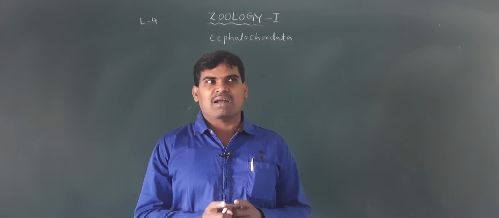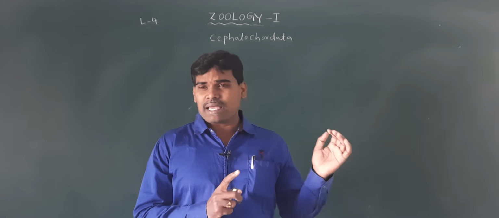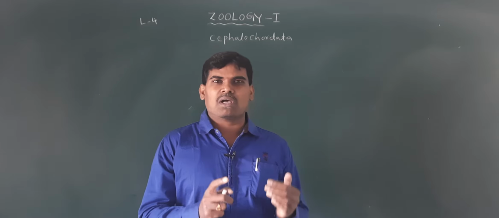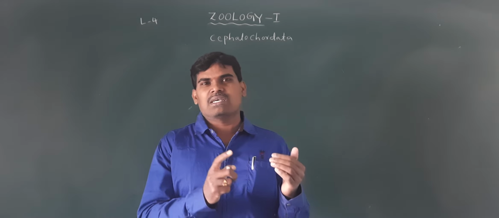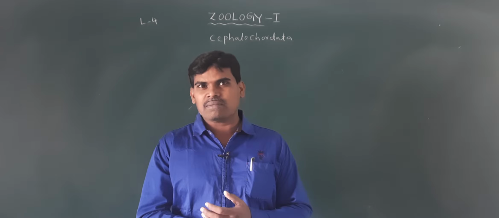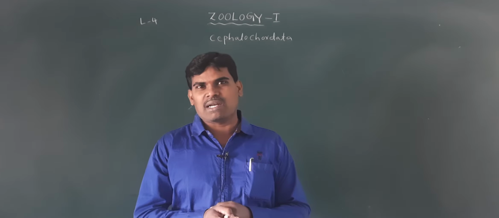The notochord present at the tail region is called Urochordata. The notochord present at the head region is called Cephalochordata.